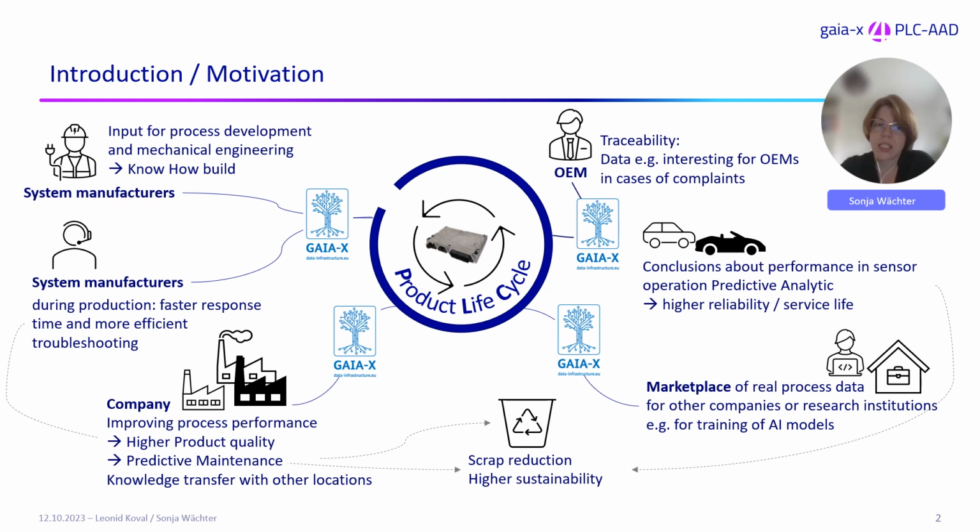And on the other hand, the service through the system manufacturer can be improved and designed to be more flexible, faster, and also targeted. For the company, the advantage is, of course, less waste, thanks to the optimized processes.